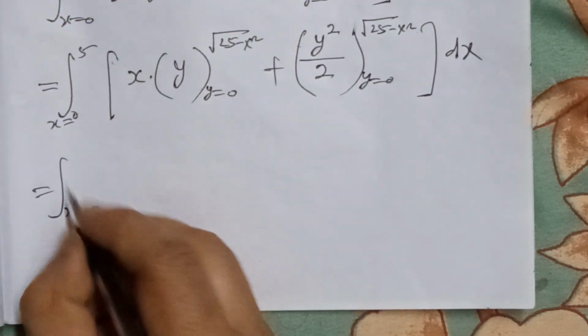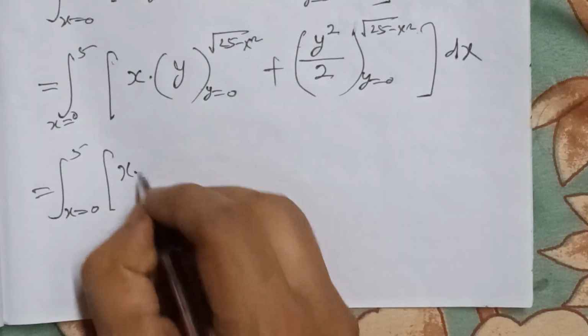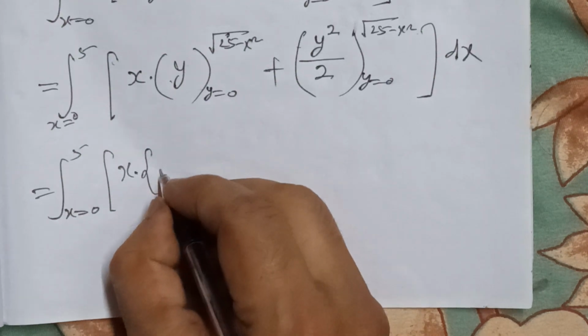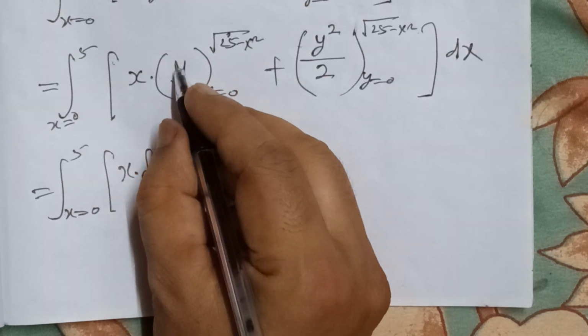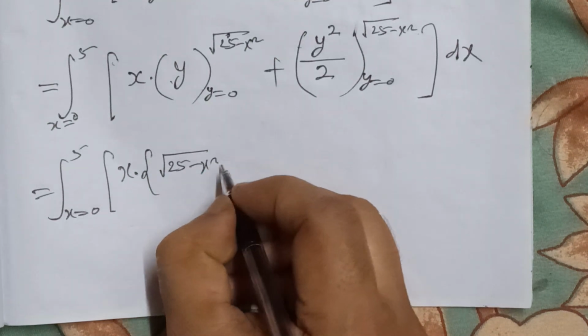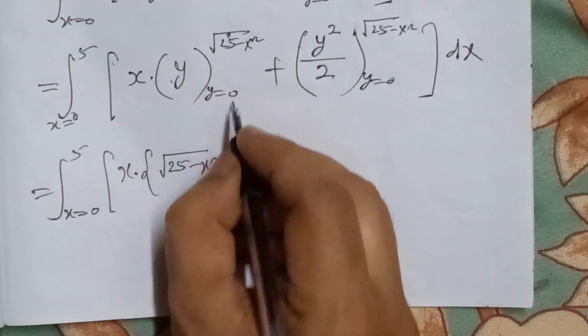Write integration x equal to 0 to 5. We have to work on this value. Write the upper limit value of y, it's square root of 25 minus x square, minus the lower limit value of y, which is 0.